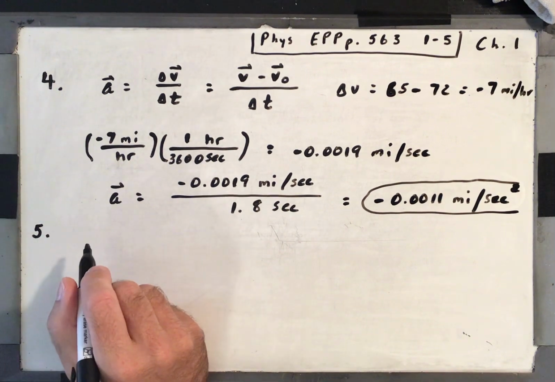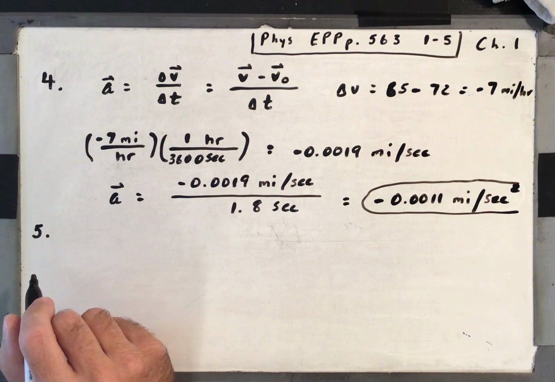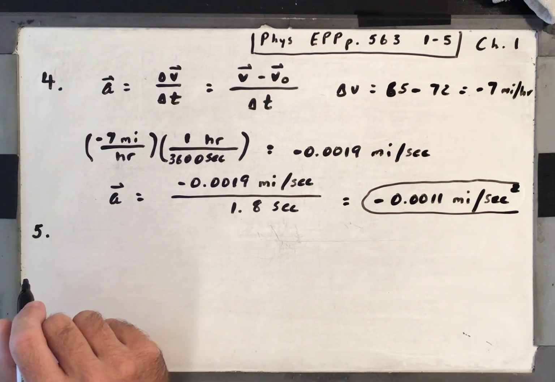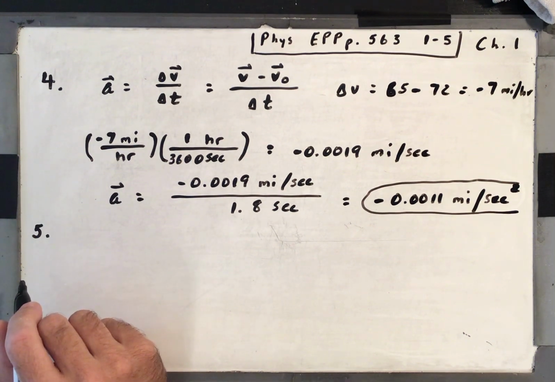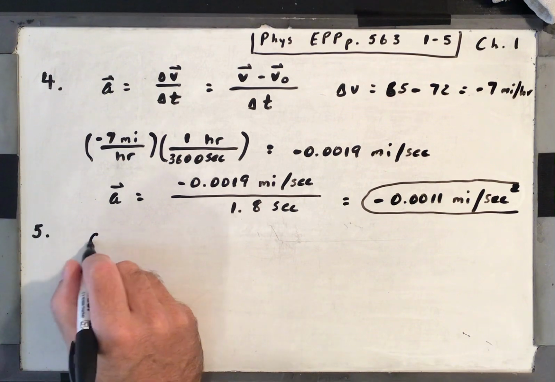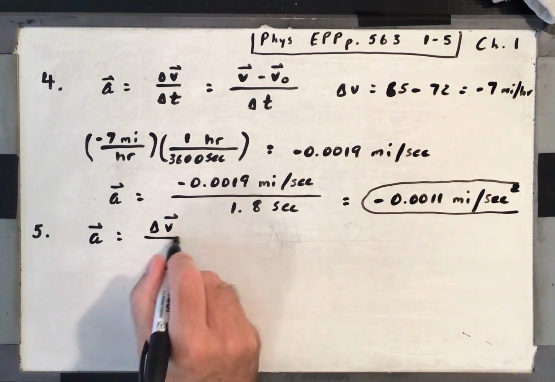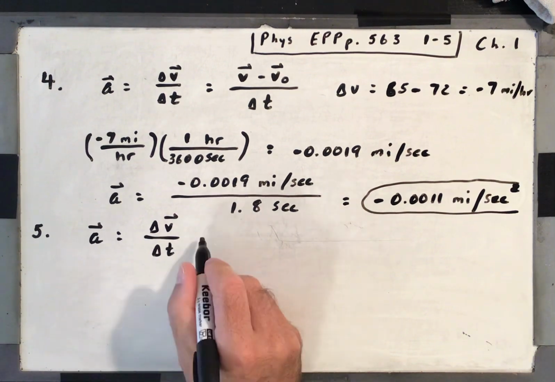Okay, number 5. What would be the final velocity of a car that is initially moving at 62 meters a second and accelerates at negative 5 meters per second squared for 9.2 seconds? All right, so we just want to fill in our equation. Again, acceleration, change in velocity over change in time.